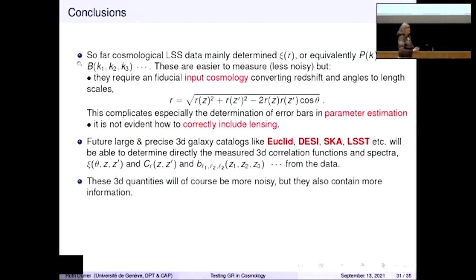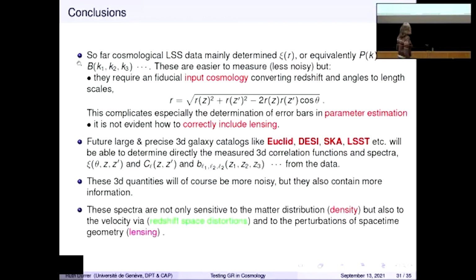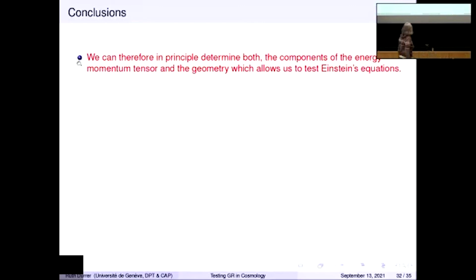These quantities, of course, depend on more variables, so they are more noisy, but they also contain more information. In principle, you can measure the matter distribution, the velocities, and the geometry using these quantities, which would really allow you to test Einstein's equation.